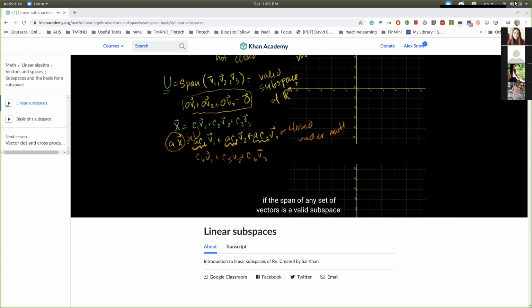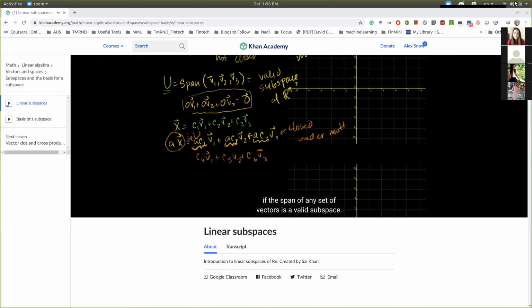Now what is x plus y? If I add these 2 vectors, what are they equal to? Well, x plus y means all of this stuff plus all of this stuff. And so what does that equal? If you just add these together, you get c1 plus d1 times v1 plus c2 plus d2 times v2 plus c3 plus d3 times v3, right?